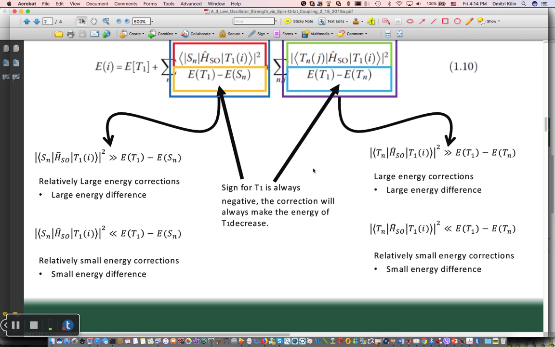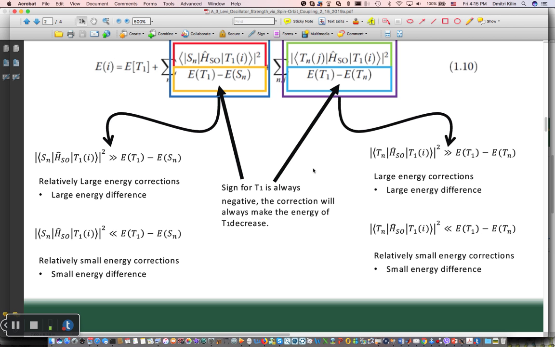Technically, you can imagine that you get the energies of all singlets, 1, 2, 3, all triplets, 1, 2, 3, 4, and so on, and of course the ground state as well. If you're not using Gaussian but some other software, it also gives you the spin-orbit couplings, like this H_SO matrix element, as an outcome of the software. So technically, you can have all these ingredients in these formulas.